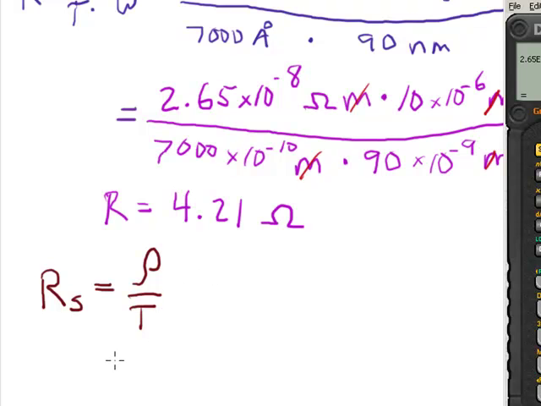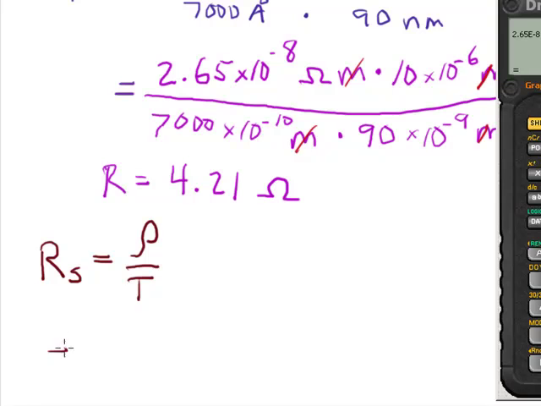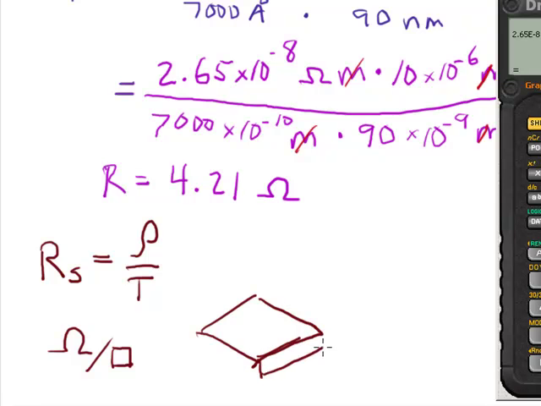The units for sheet resistance are ohms per square. One way to think about sheet resistance is the resistance of a square piece of the material, if the length was equal to the width.